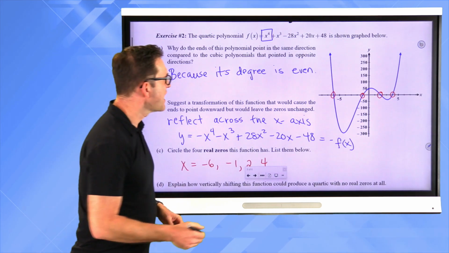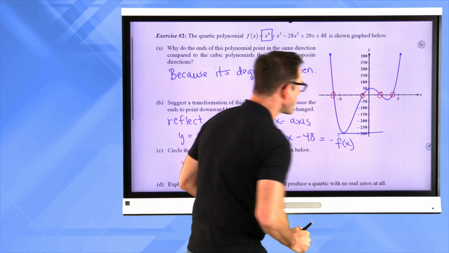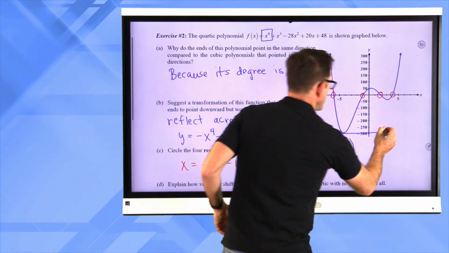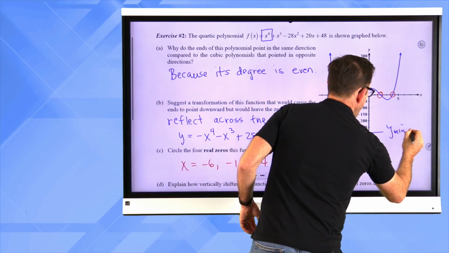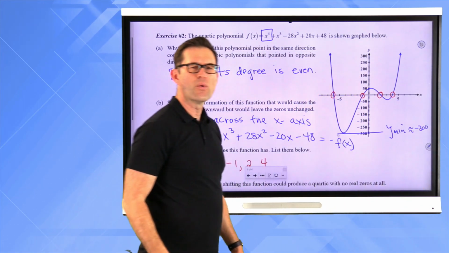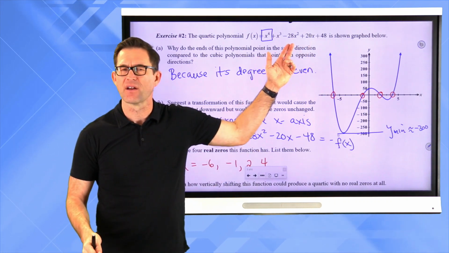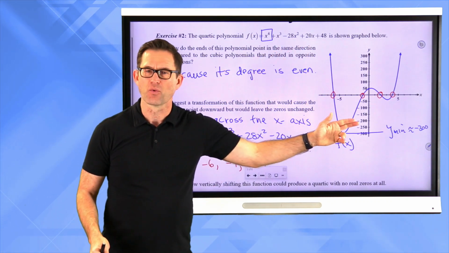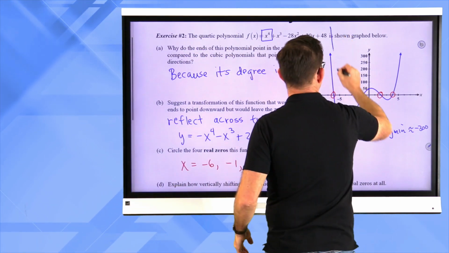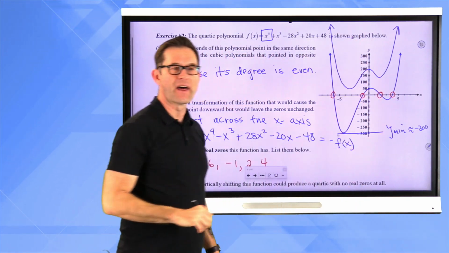Well, I don't exactly know what the minimum value of this function is, but it's around -300. So y min is approximately -300. So if you simply added a constant onto this function that was greater than 300, it would shift the whole thing up so you got something that looked like that.